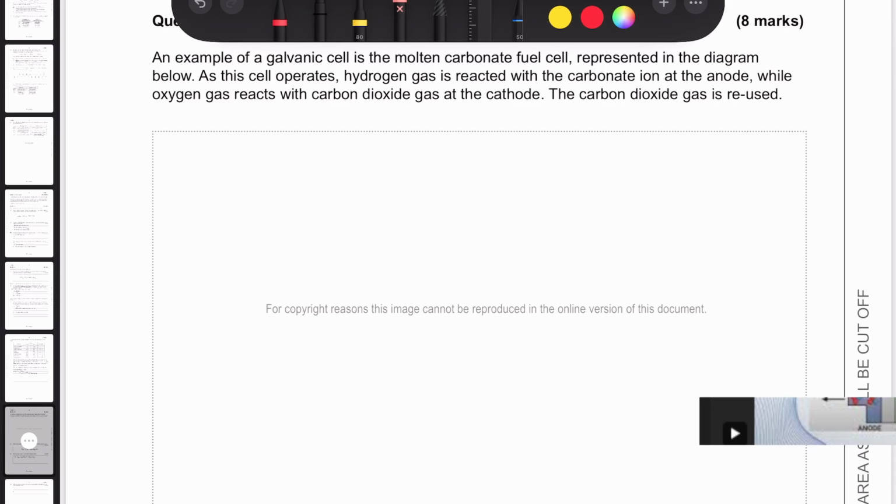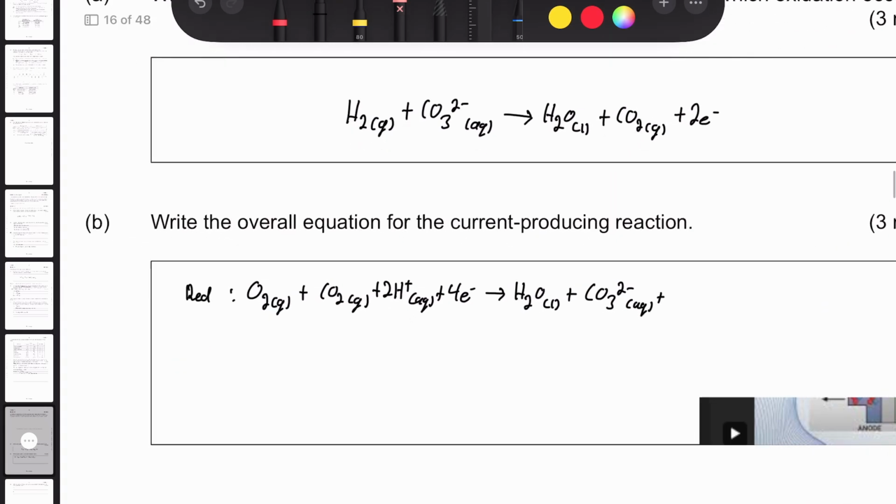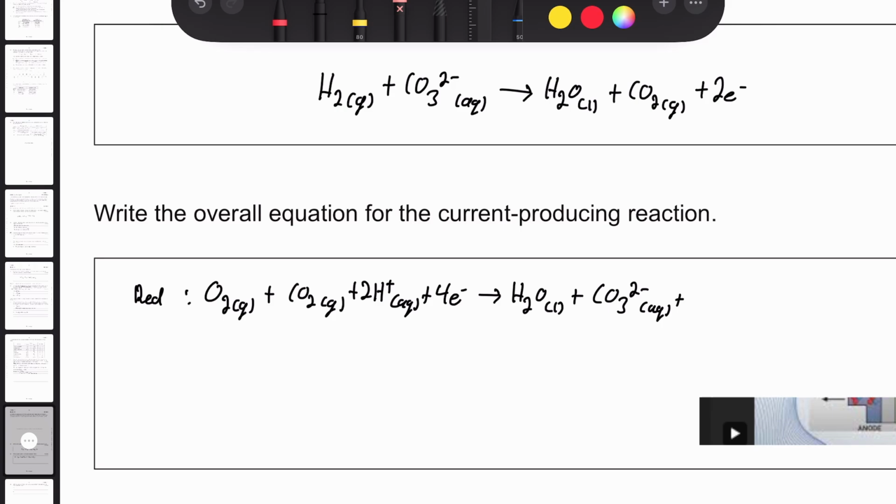So carbonate ions go from the cathode to the anode, so they are being produced at the cathode.